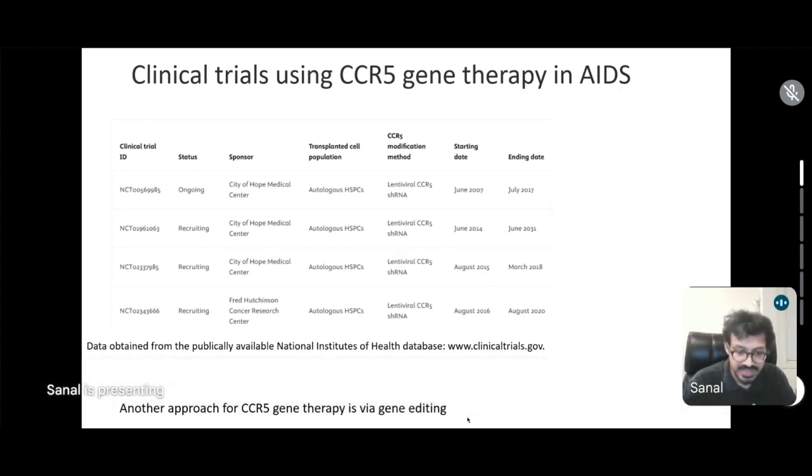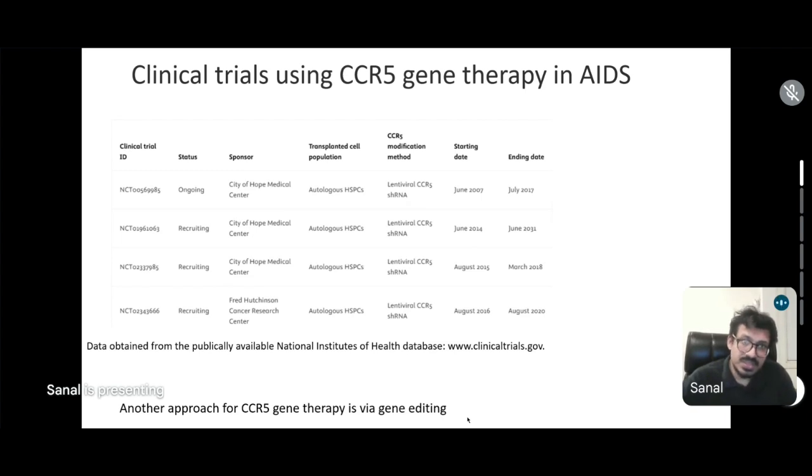They will go and bind to the messenger RNA, and this binding triggers a set of enzymes which will result in the chopping of the messenger RNA. That means if there is no mRNA, there is no protein. If you can chew away the mRNA of CCR5, the CCR5 protein will not be expressed, and if CCR5 protein is not expressed, you are immune to HIV infection.